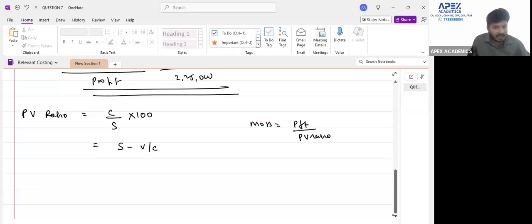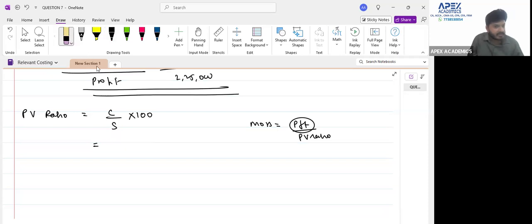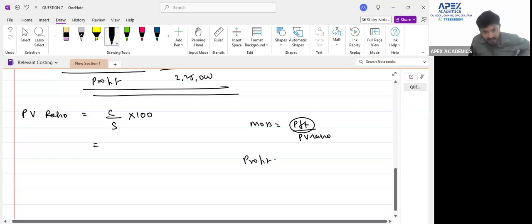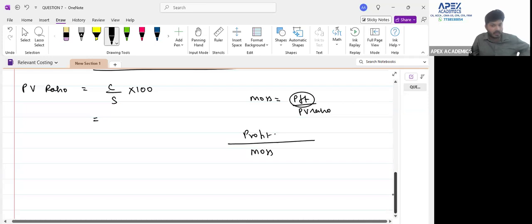समझ में आ रहा है? अब अगर हम देखें कि प्रॉफिट के अंदर अगर हम किसी तरीके से सेल्स पे अराइव कर सके तो हमारा प्रॉब्लम सॉल्व हो जाएगा, हमारा लाइफ सिंपल हो जाएगा। अब इस डेरिवेशन को देखना जरा, अगर मैं बोलूं कि मुझे प्रॉफिट न्यूमरेटर में चाहिए और डिनोमिनेटर में मुझे मार्जिन ऑफ सेफ्टी चाहिए, तो मेरे हाथ में पीवी रेशो ही आ जाता। देखिए, प्रॉफिट अपॉन मार्जिन ऑफ सेफ्टी, प्रॉफिट अपॉन PV ratio.